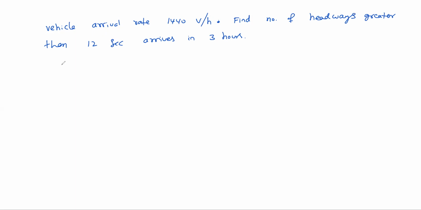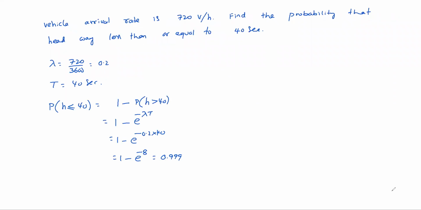Now capital N is here, so per hour 1440 vehicles are coming, in 3 hours 1440 into 3, that is 4320. 4320 vehicles are capital N. So we have defined that small n like this.